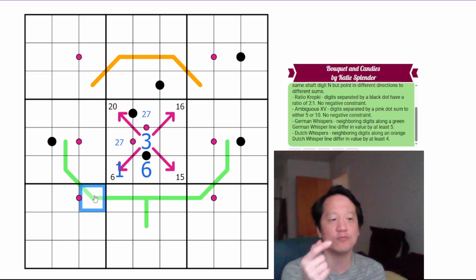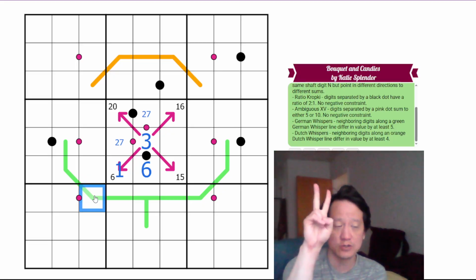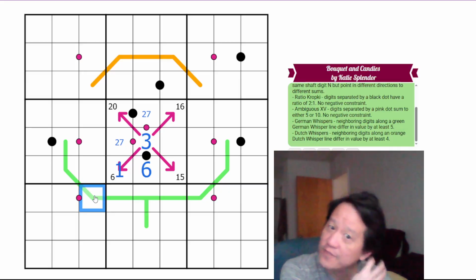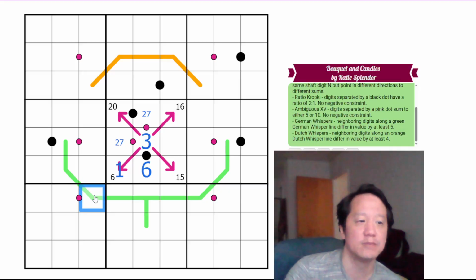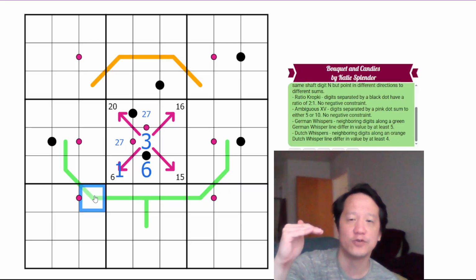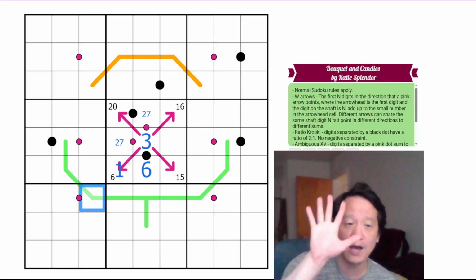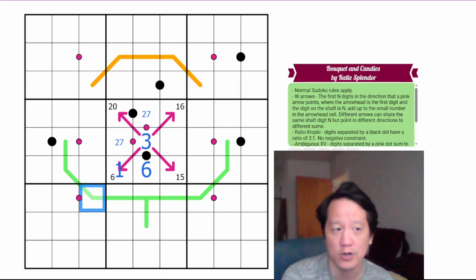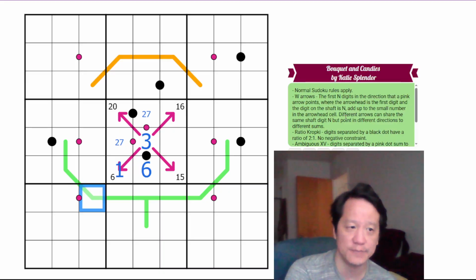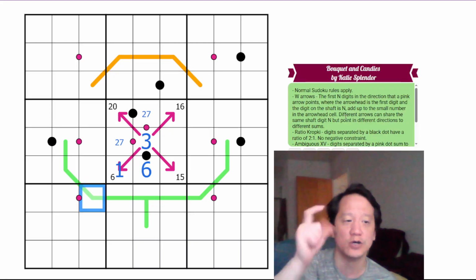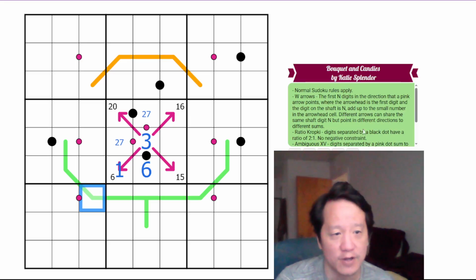And what digits can be next to a high digit? 6 can be next to 1, 7 can be next to 1 or 2, 8 can be next to 1 through 3, and 9 can be next to 1 through 4, all of which are low digits. And 5 can never be on a whisper 5 line, because if you subtract 5 or more from 5, you get 0 or less, which is not a normal Sudoku digit. If you add 5 or more to 5, you get 10 or more, which is not a digit. So 5 can never be on a whisper 5 line. You'll always alternate between low and high digits on a whisper 5 line.